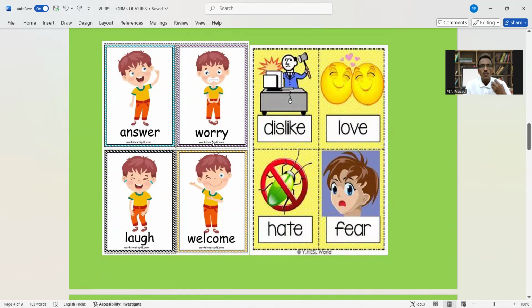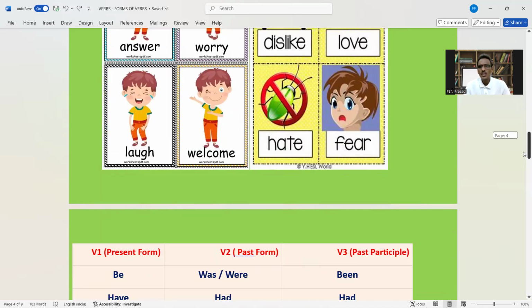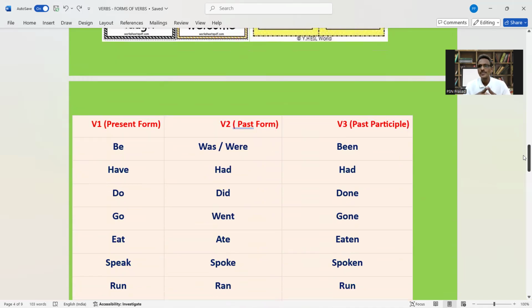Also, here: worry, love, welcome, dislike, hate, fear. So these are all some of the non-action verbs, right? Thinking, to love, feeling sad or worry. So all these come under the non-action verbs. But most of the action words are said to be the verbs. And there are a few non-action verbs as well, which you should know.